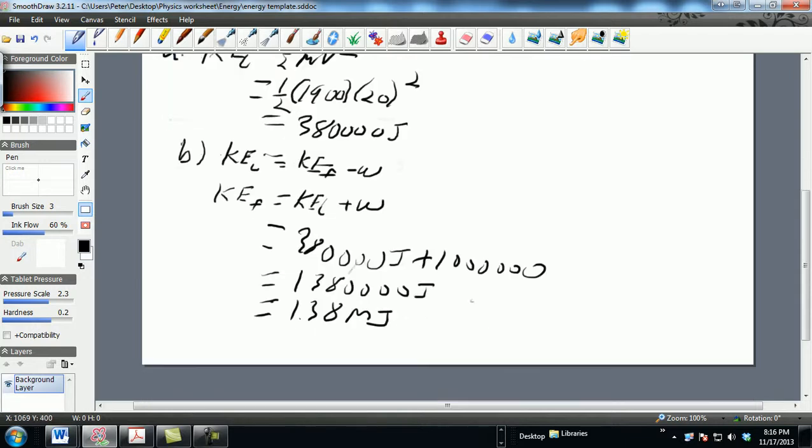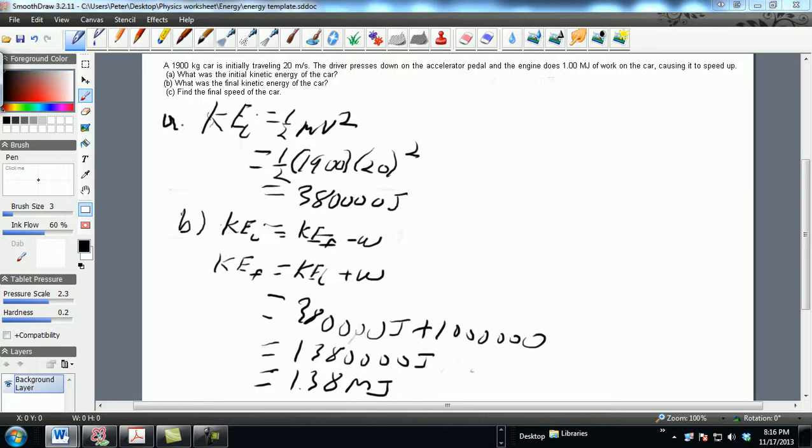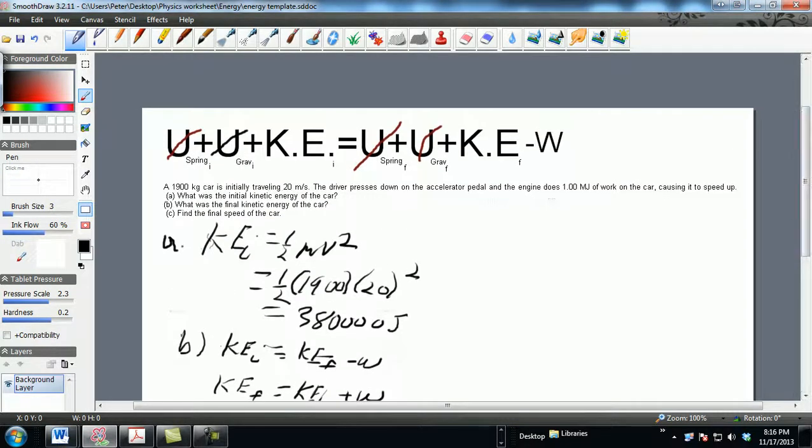Okay, let's confirm that answer. 1.38 megajoules, good. Now the next question is, what is the final speed? Well, you know that KE is equal to 1/2 mv squared, since you know KE was 1,380,000 joules.